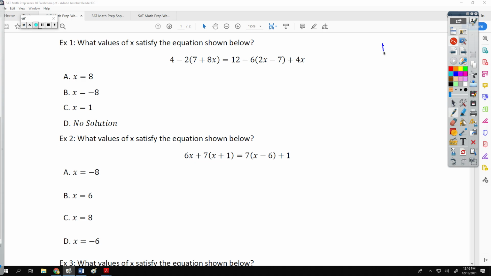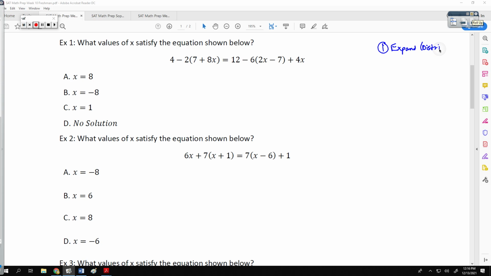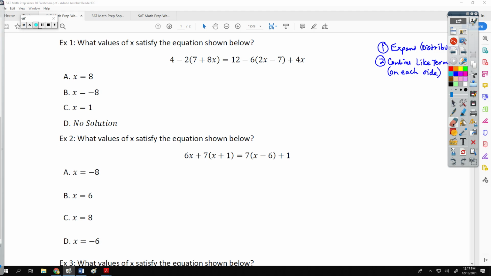The first step is we need to get rid of all the parentheses by expanding, which basically is a fancy way of saying distribute. After we distribute, we are going to combine like terms on each side, on each side individually. We're not going to do it all at once.